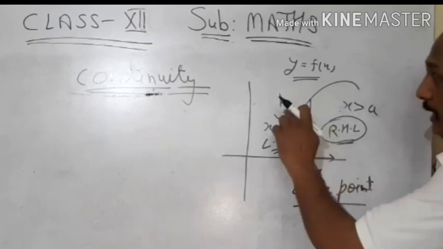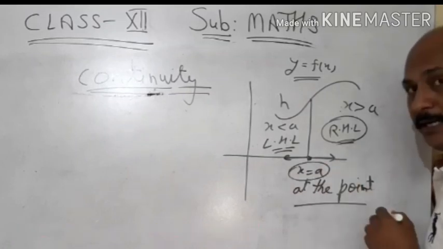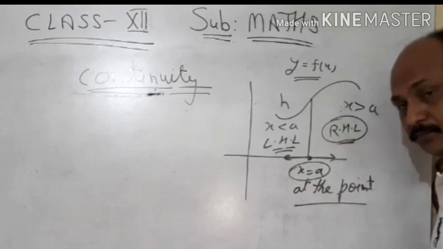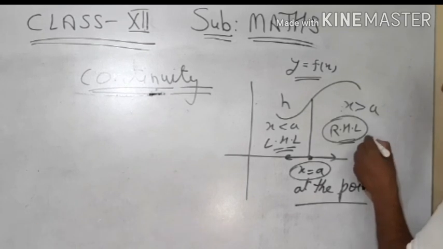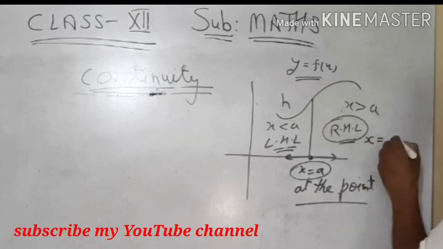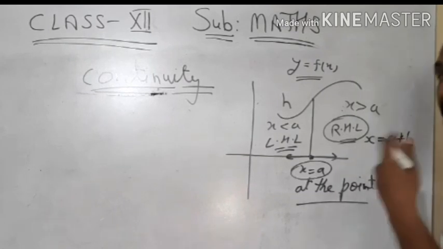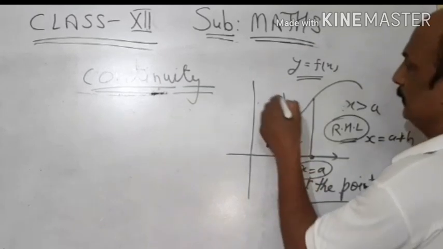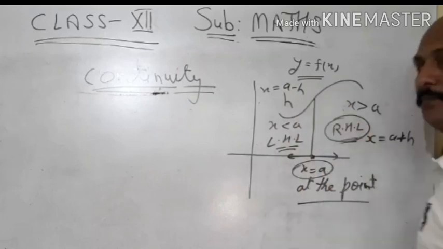Here h is the variation from the given point x is equal to a. It means in this case x is equal to a plus h, and in this case x is equal to a minus h.